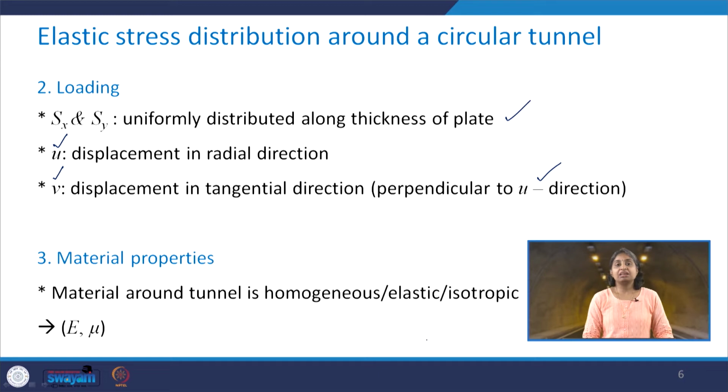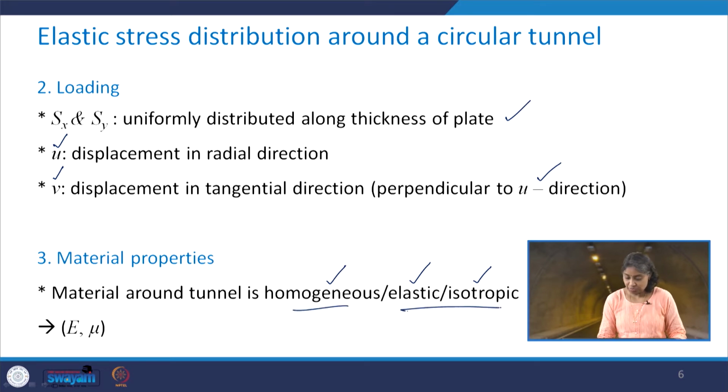Coming to the material properties, the material around the tunnel is assumed to be homogeneous, elastic and isotropic, and the engineering properties of such material are represented by modulus of elasticity and the Poisson's ratio, which are represented as E and mu here.